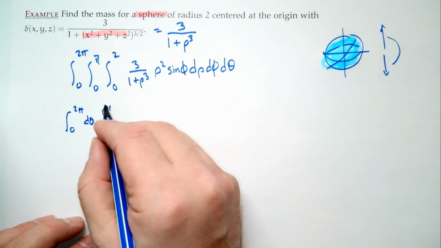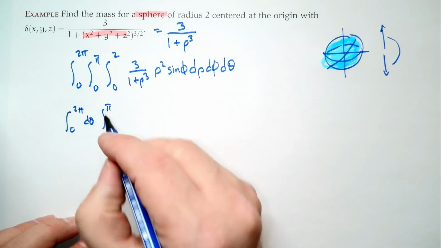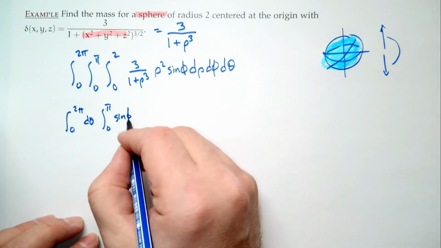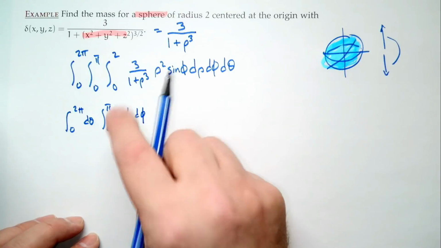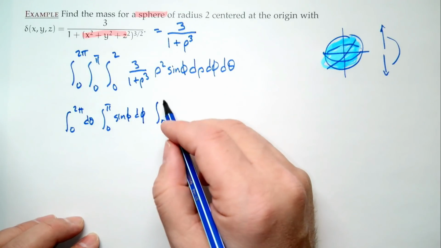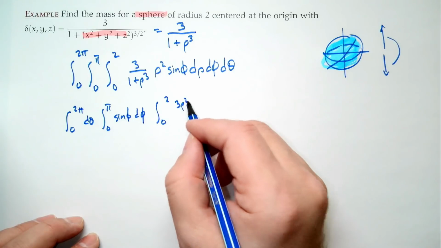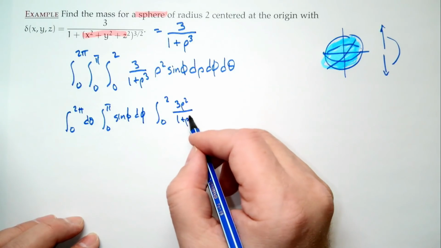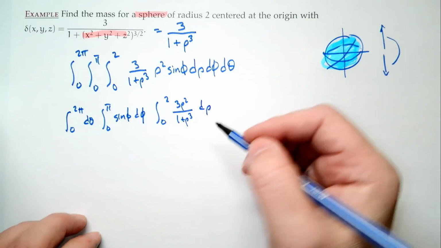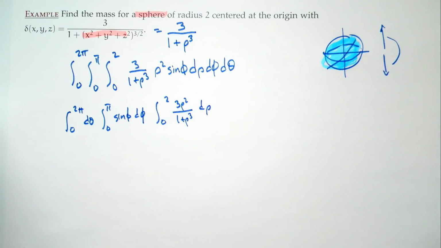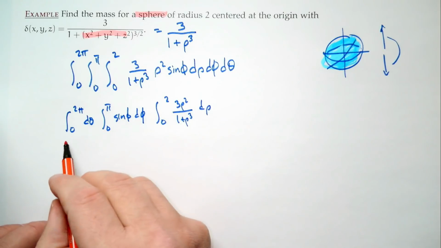Integral 0 to pi, well, there's a sine phi, so sine phi d phi. And then we have the integral 0 to 2 of 3 rho squared over 1 plus rho cubed d rho. All right, let's go through the integrals one at a time. The integral 0 to 2 pi d theta, what will that become?